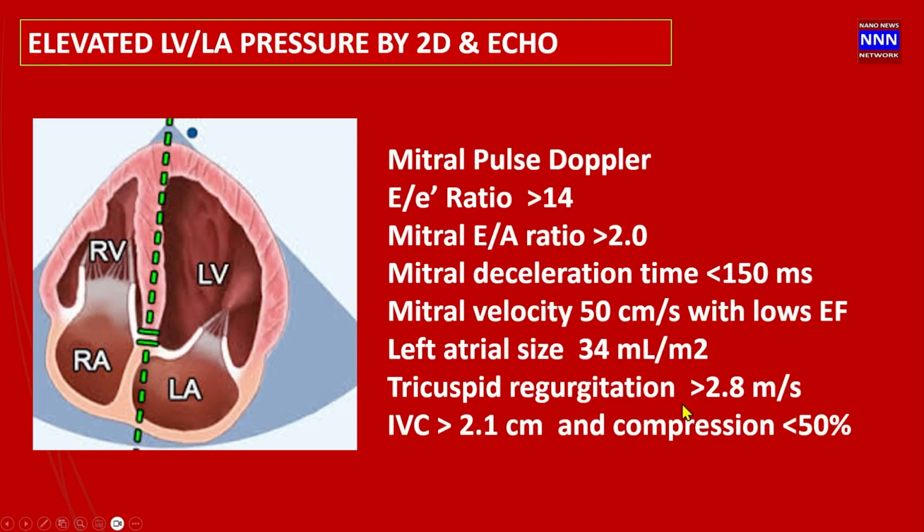So ladies and gentlemen, in summary, if the E to E prime ratio is greater than 14, mitral E to A ratio is greater than 2.0, mitral deceleration time is less than 150 milliseconds, mitral velocity is greater than 50 centimeters per second in patients with low ejection fraction, if the left atrial size is greater than 34 ml per meter square, if you have a tricuspid regurgitation velocity greater than 2.8, and the inferior vena cava findings, if we have 2 or 3 of these parameters, then the patient has elevated left atrial pressure.